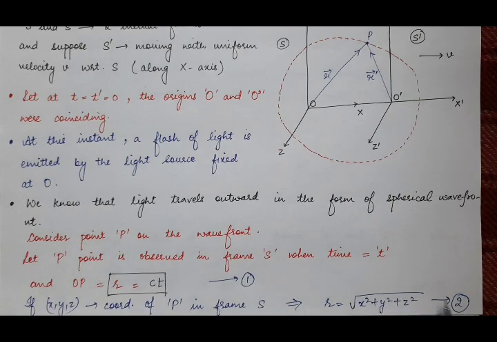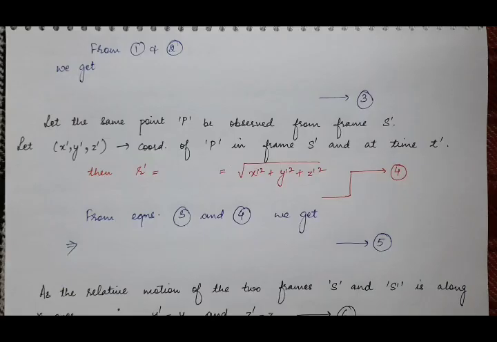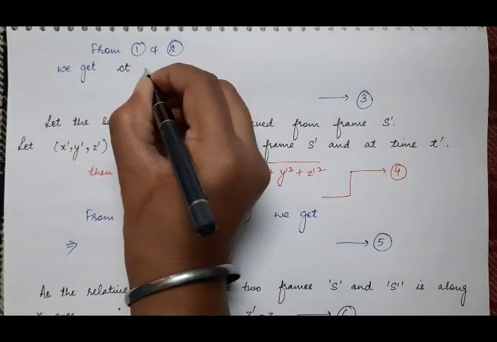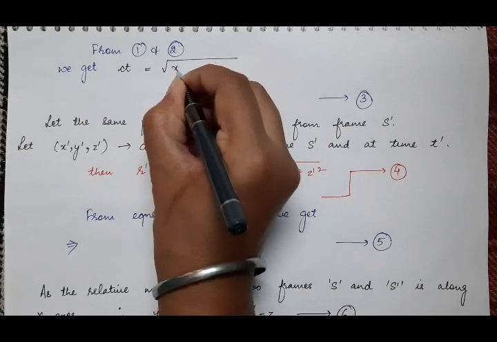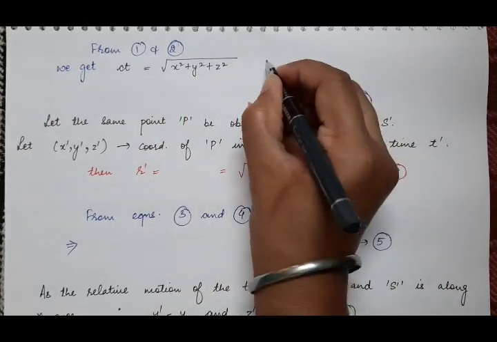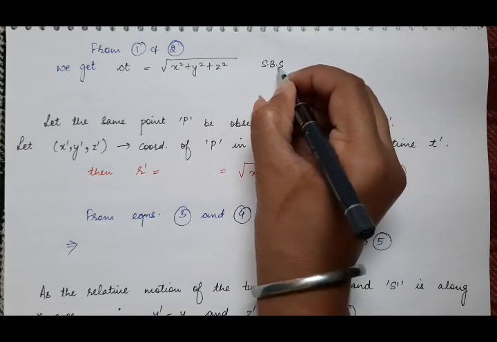Now from equations 1 and 2, the left hand sides are the same, so the right hand sides are also the same. So from equations 1 and 2, we will have ct equal to square root of x square plus y square plus z square. Then perform squaring on both sides.